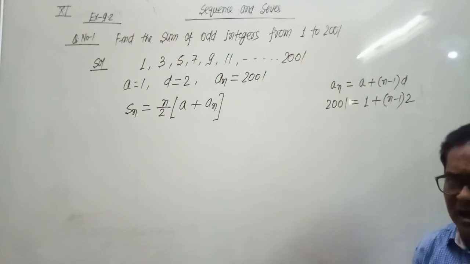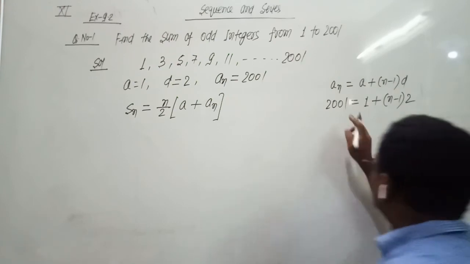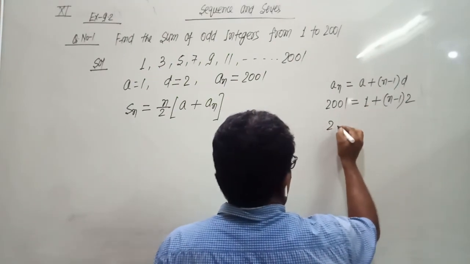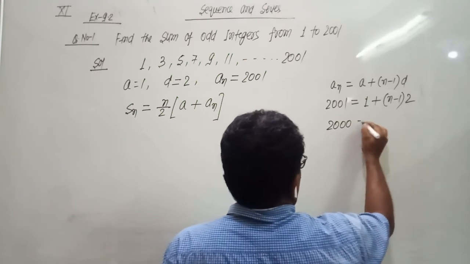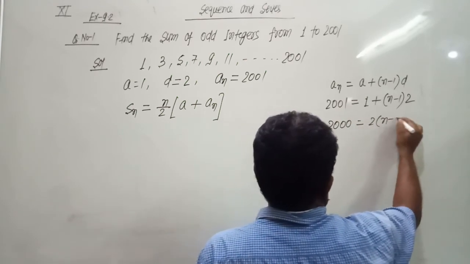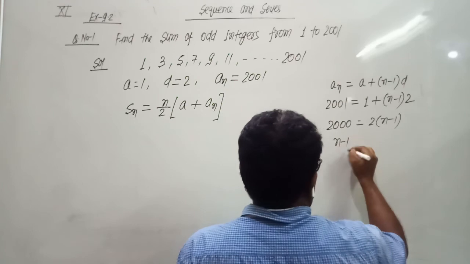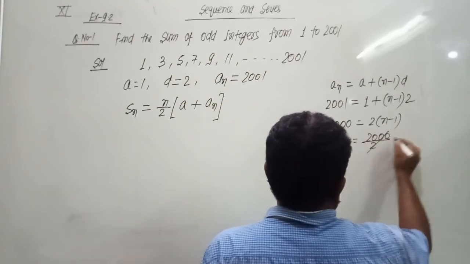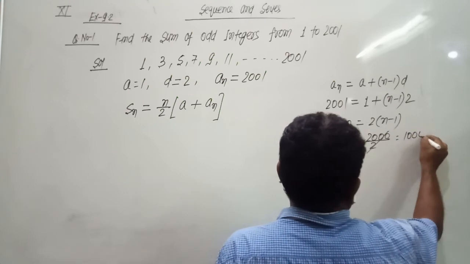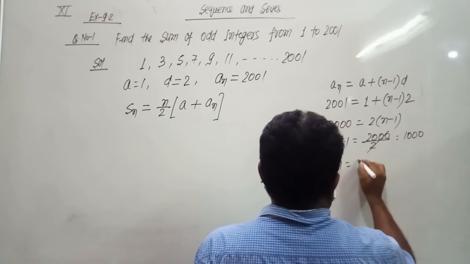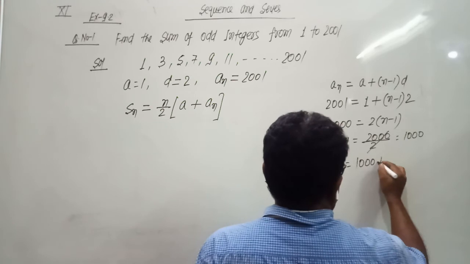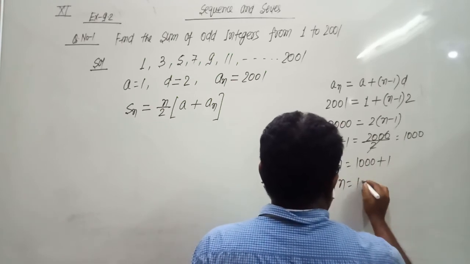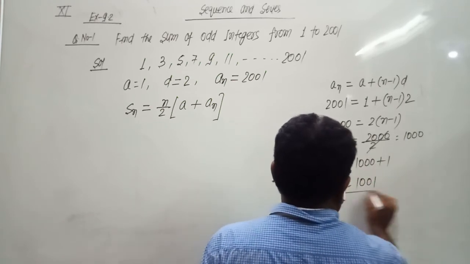This 1 will go on the left side. So 2001 minus 1, we get 2000 equals 2 into n minus 1. And the value of n minus 1 is 2000 upon 2, which is 1000. And n equals 1000 plus 1. That is the value of n, 1001.